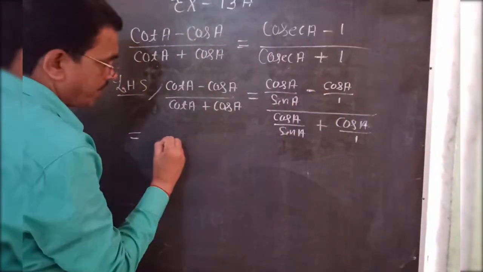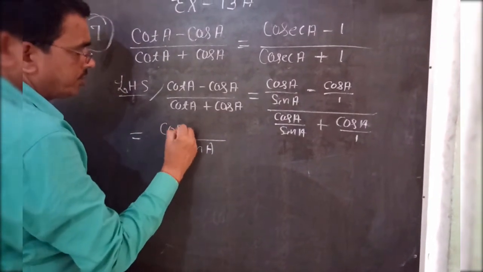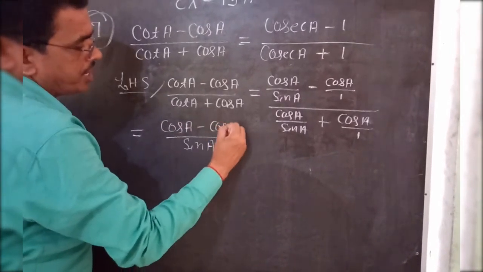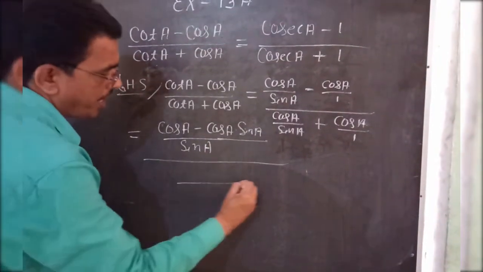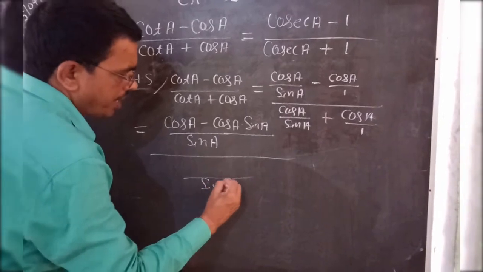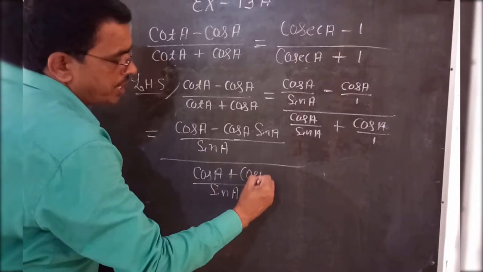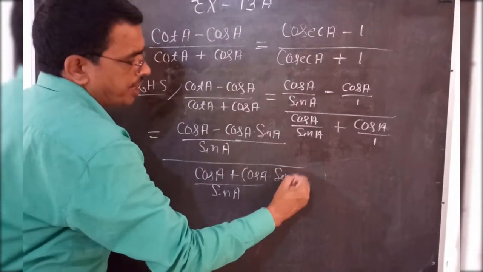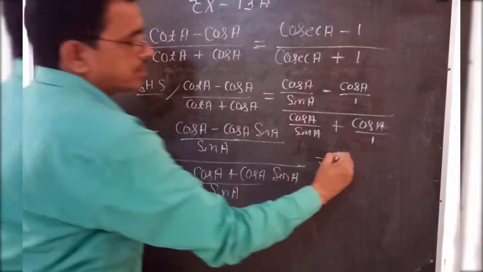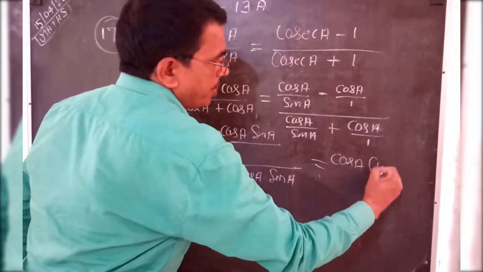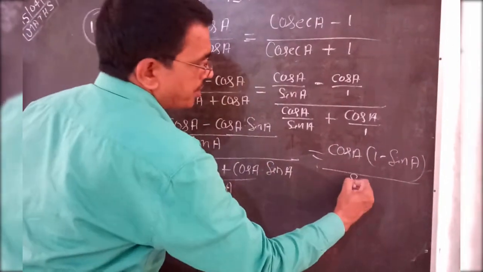Take LCM, then you get here sin A, and here cos A minus cos A into sin A by, again LCM, sin A, then it is cos A plus cos A into sin A. What is the common here? In this cos A is common, so you write cos A in the bracket 1 minus sin A by sin A.